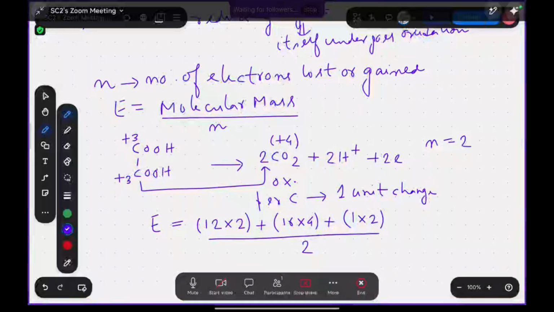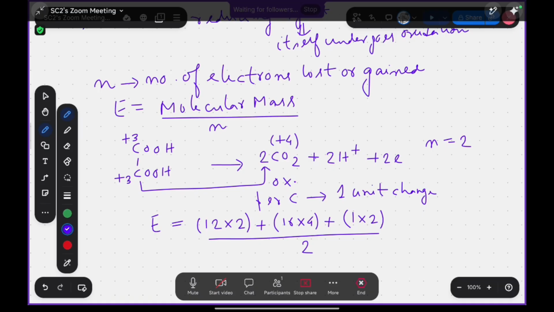Because equivalent weight is equal to the molecular mass of the substance divided by N, where N is the number of electrons lost or gained. For oxalic acid, N is 2. That is why divided by 2.